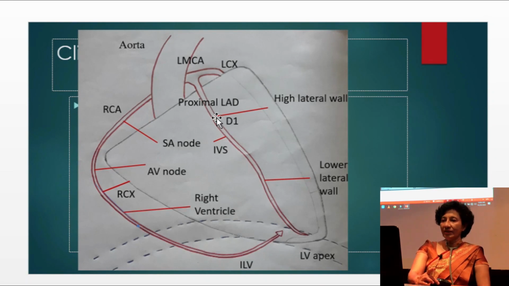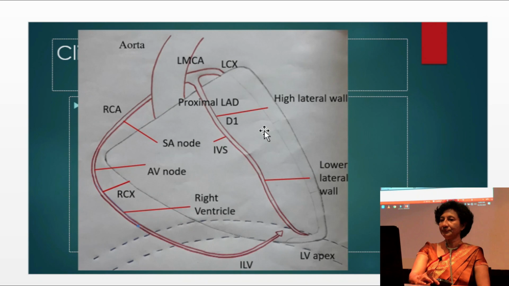The LAD segment above D1, or the high lateral branch, is called proximal LAD. If there is a total occlusion of the proximal LAD, what are the leads and cardiac segments which will show abnormalities?